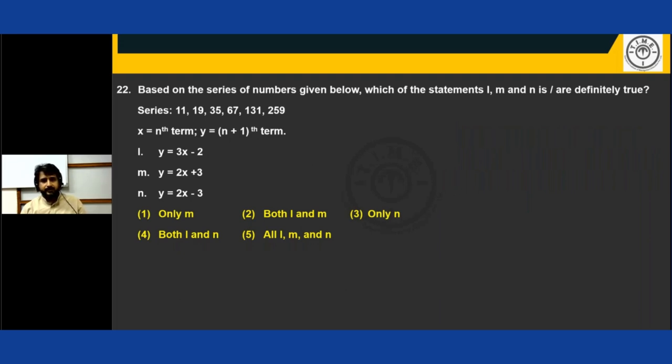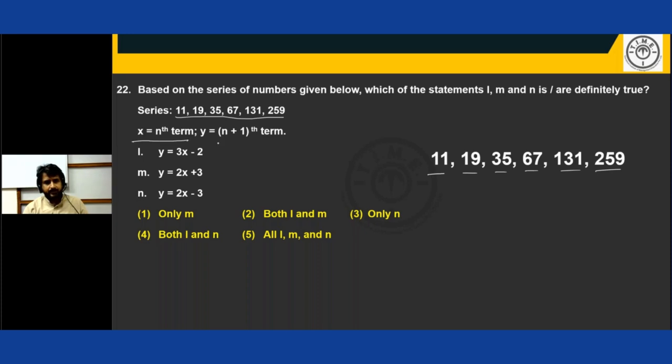Based on the series given below, which of the statements L, M, N are definitely true? Series given: 11, 19, 35, 67, 135, 259. You need not find the logic here. Series is this one, and x is the nth term, and y is the n plus 1th term.